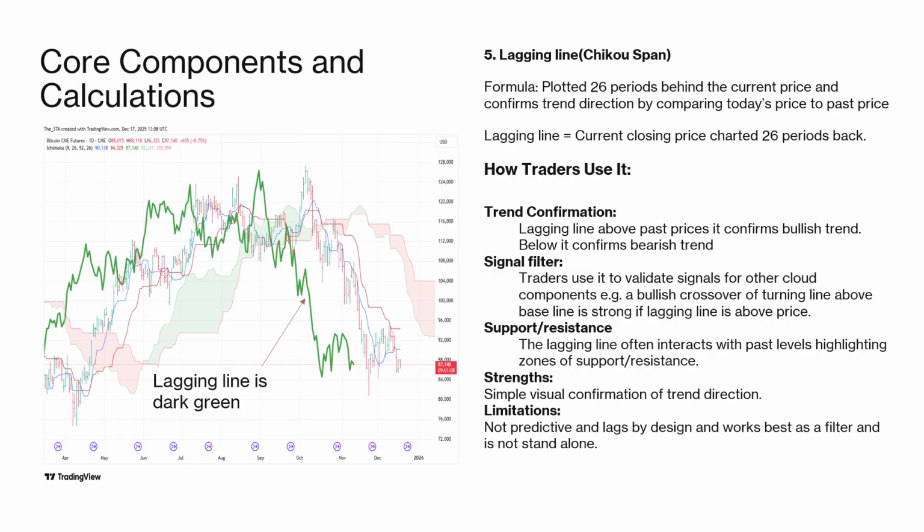It's very useful to validate signals for the other cloud components. For example, a bullish crossover of the turning line above the baseline is much stronger if the lagging line is also above the price. One of the things that I really like about it, it is just a simple visual confirmation of trend direction.